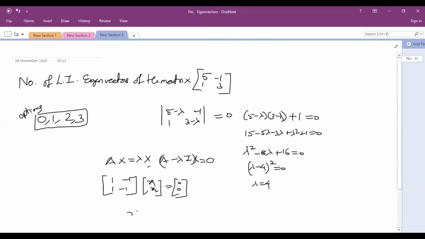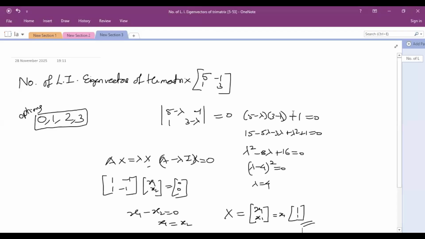That produces only one equation, which is x1 minus x2 equal to 0, and so x1 equals x2. So the eigenvector x is x1 and x1, so x1 times 1, 1.